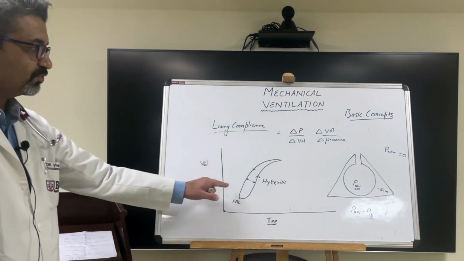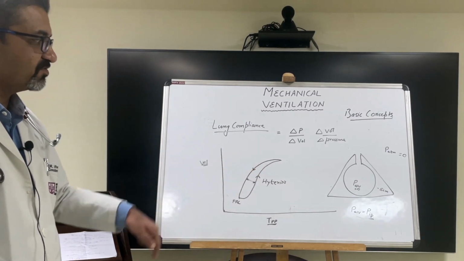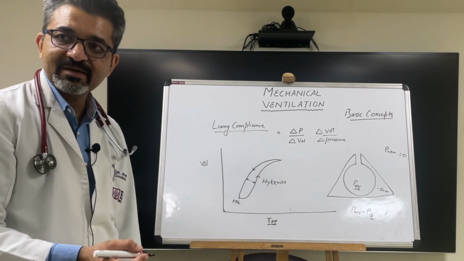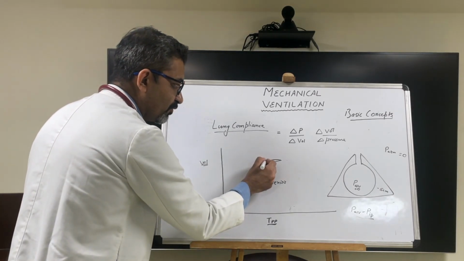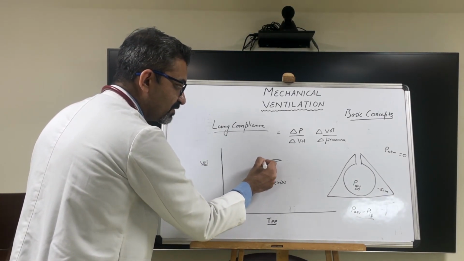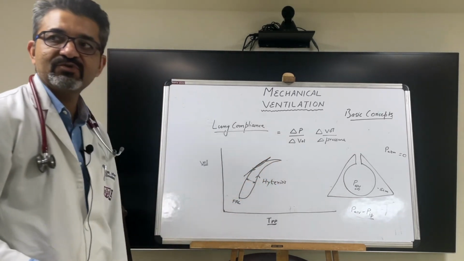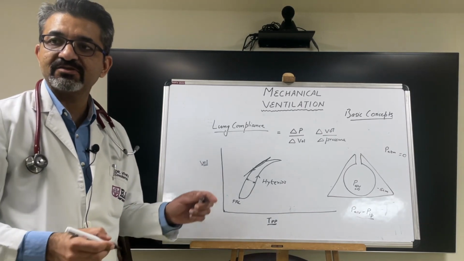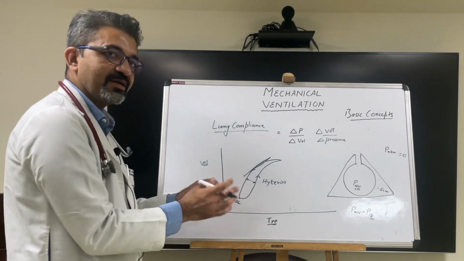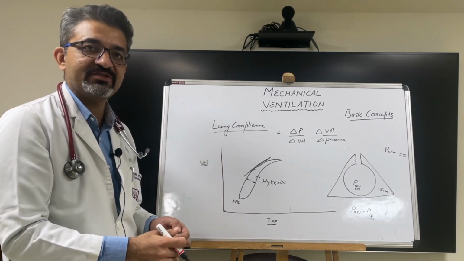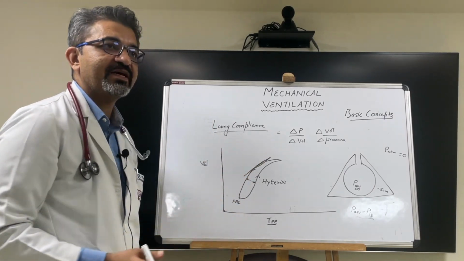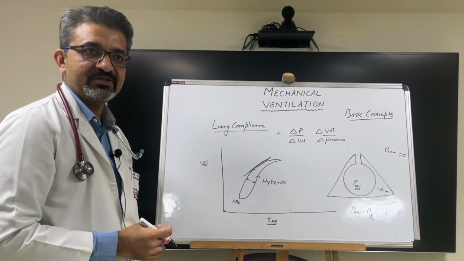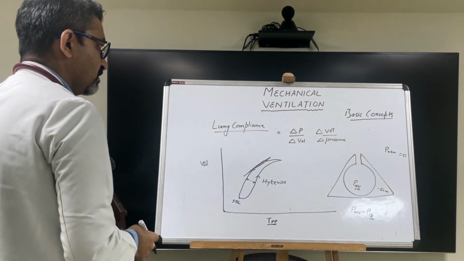When you want to know the lung compliance, the slope of the curve gives you lung compliance. Lung compliance is dynamic, it's not static. As you inspire, the compliance changes. As you expire, the compliance changes. So you can have multiple compliances, and the slope of the curve gives you lung compliance.